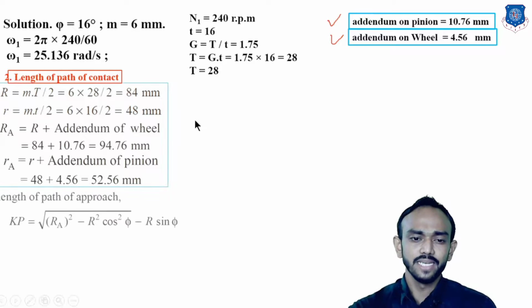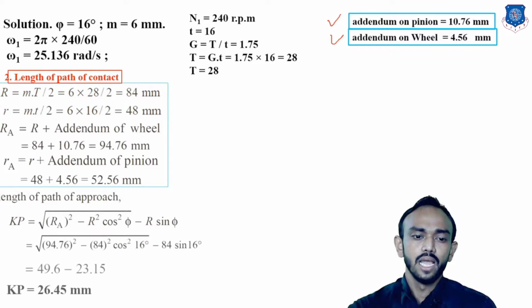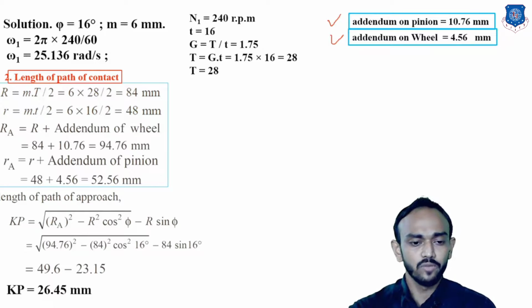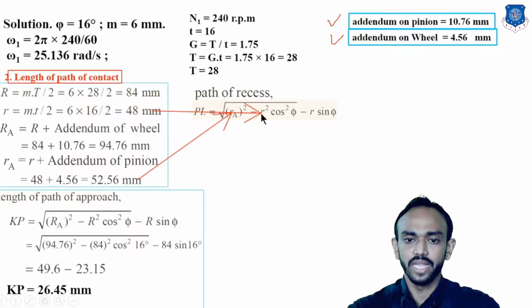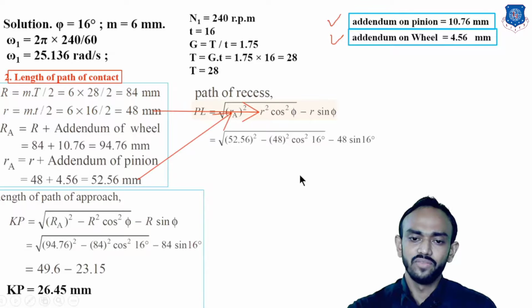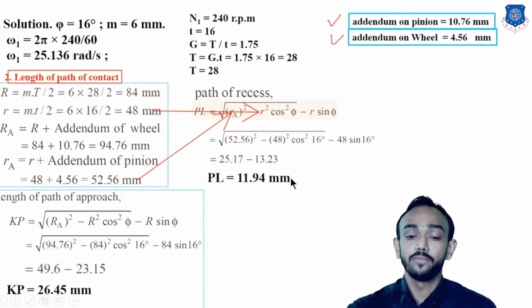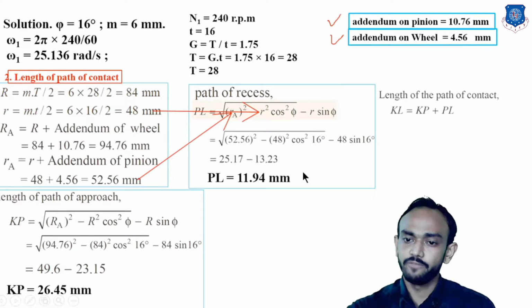After that, you are going to find the length of path of approach KP, which is 26.45. After that, the same will be done for PL, because small r is already found. Small ra is equal to 52 and small r is equal to 48. So you will put all the data in that and you will find PL, the path of recess, which is 11.94.